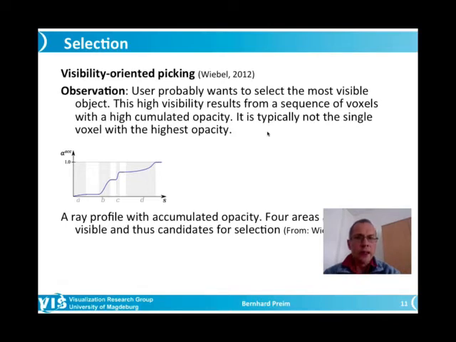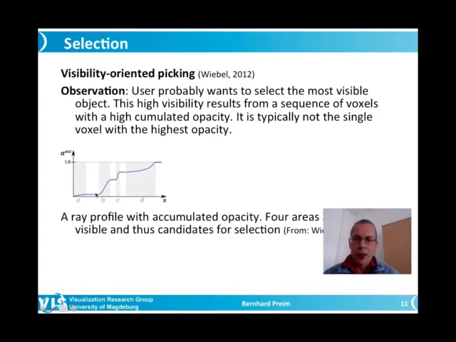That means it is not necessarily the case that an object where one voxel has a very high visibility due to the transfer function setting is selected. It could be that another object with a slightly lower but on average higher visibility and opacity is selected.